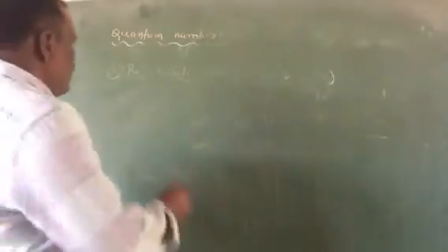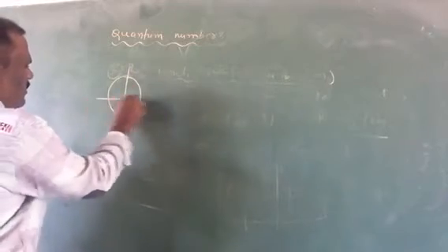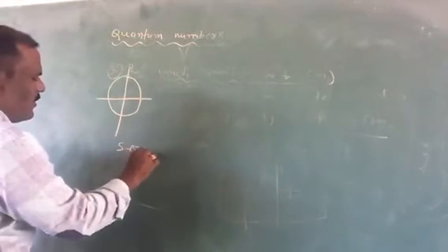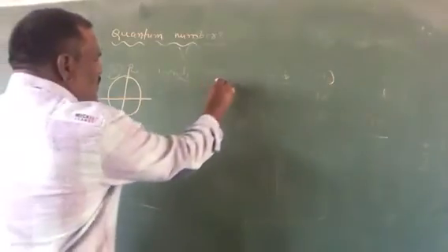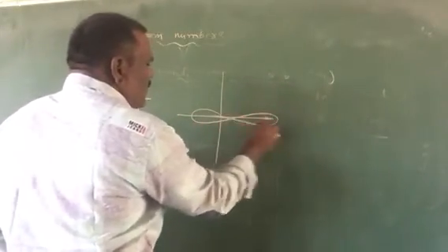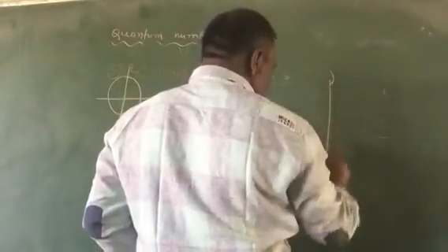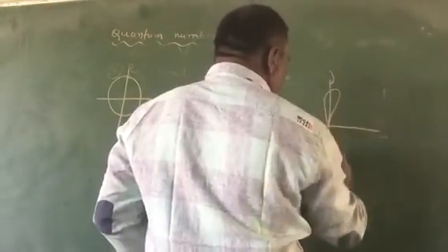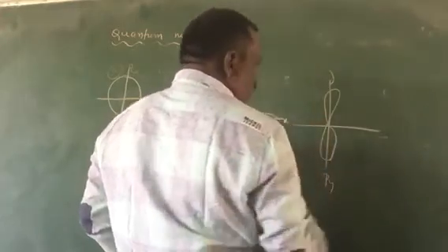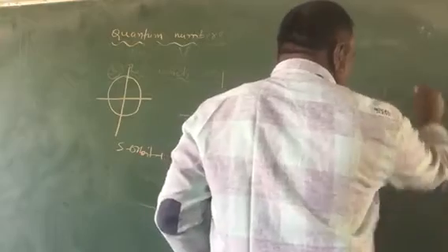This is the s orbital, spherical in shape. Next, this is the px orbital, and next the py orbital, and the third one, you know very well, the pz orbital.